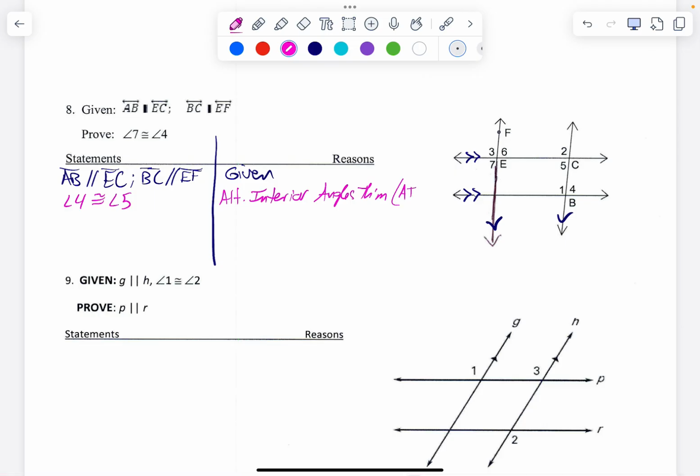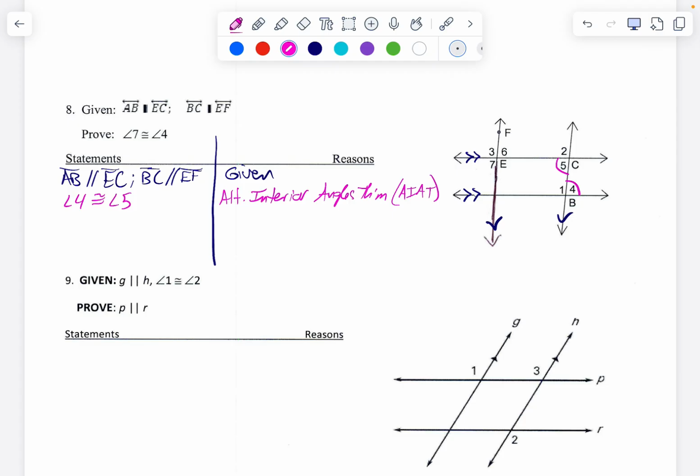And if you look on your reference sheet, AIAT is an abbreviation for that one. So you don't have to write it all out. But again, you've got to know what that means. So go ahead and mark that in your picture. Angle 4 and angle 5 are now congruent.